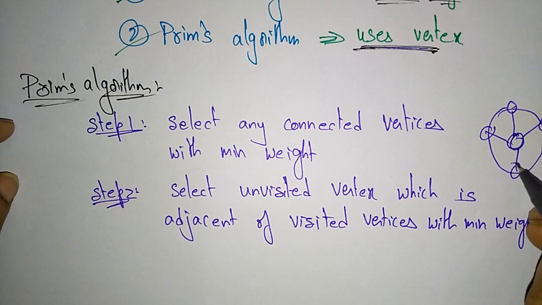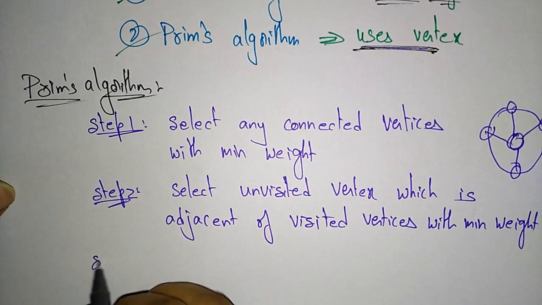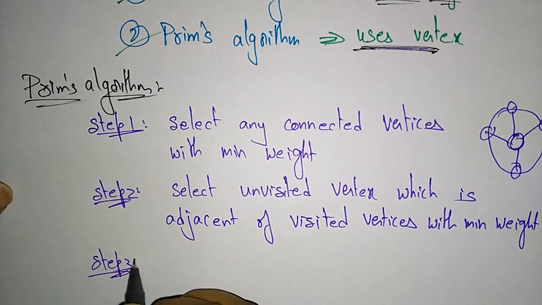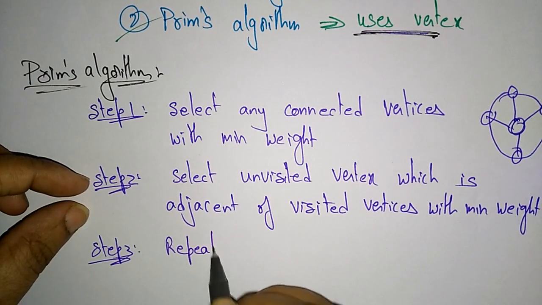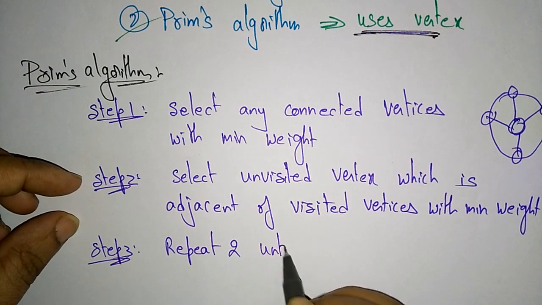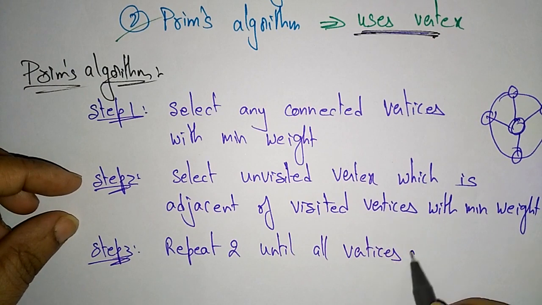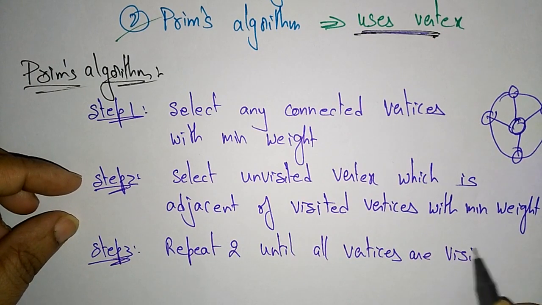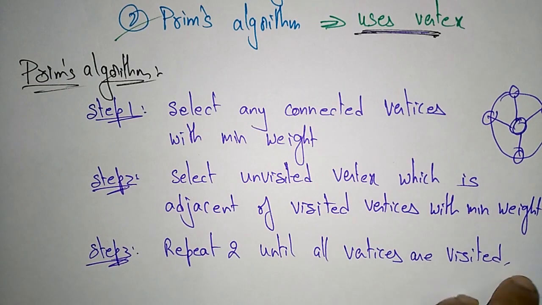And that vertex should be with minimum weight. And step 3, we have to repeat step 2 until all vertices are visited. Okay, now let us see one example of how this Prim's algorithm will work.